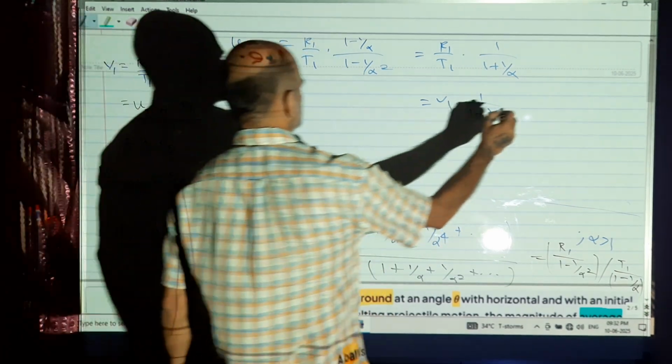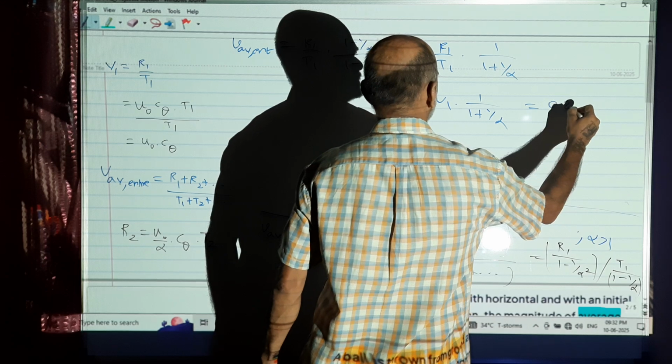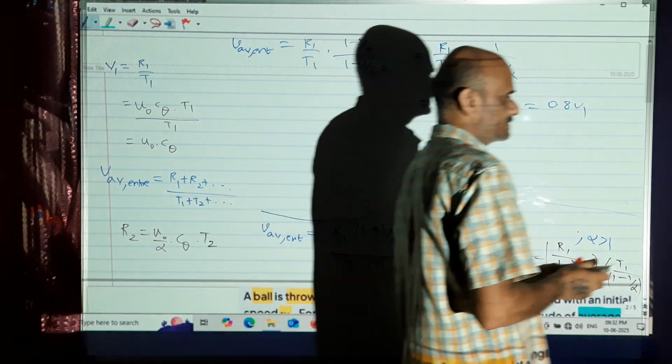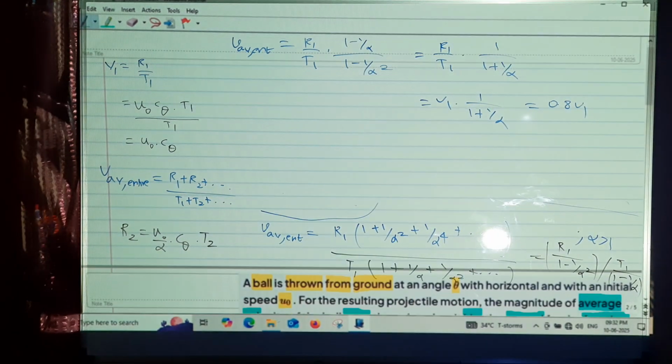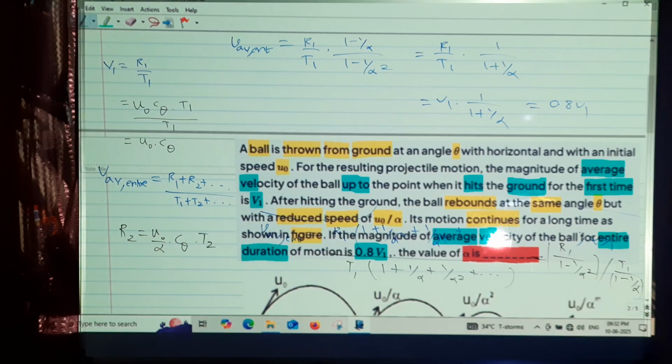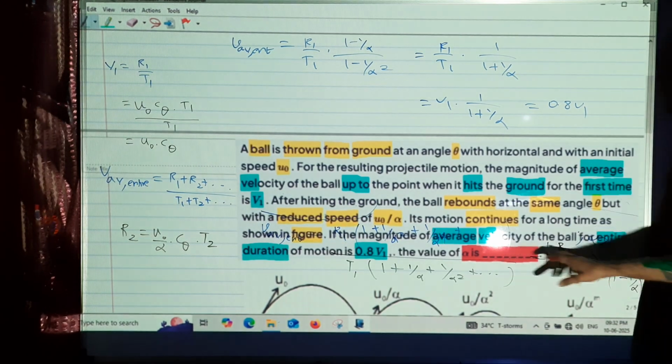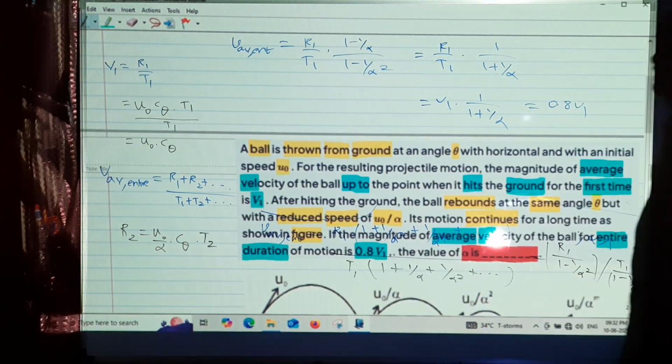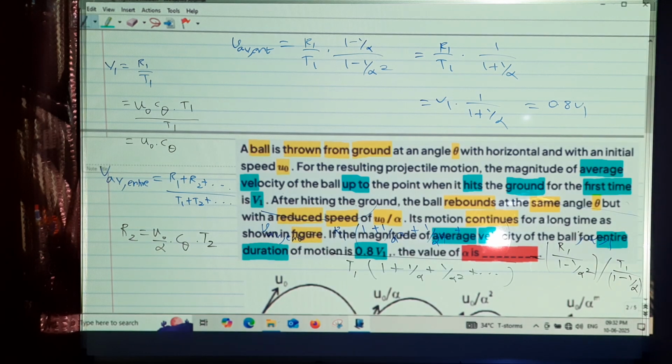And this is also given in the question as 0.8 V1, the average velocity of the entire motion. So this is 0.8 V1.